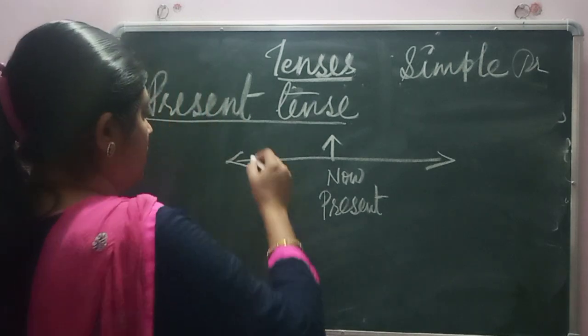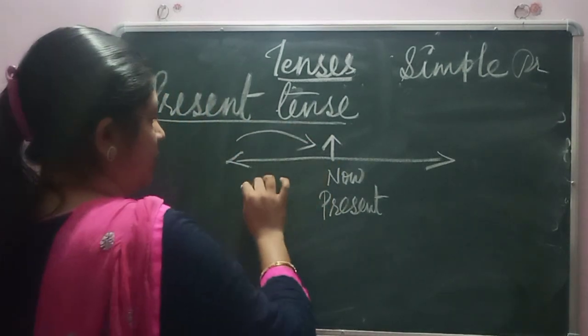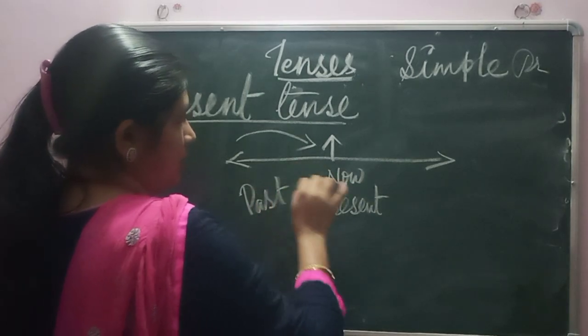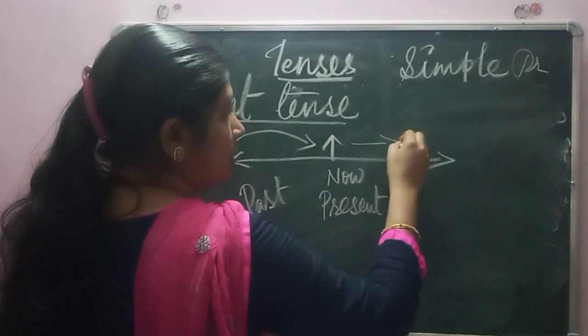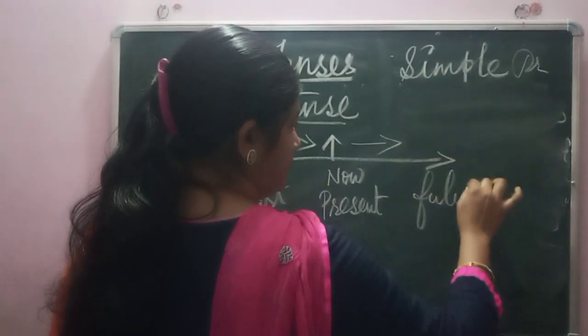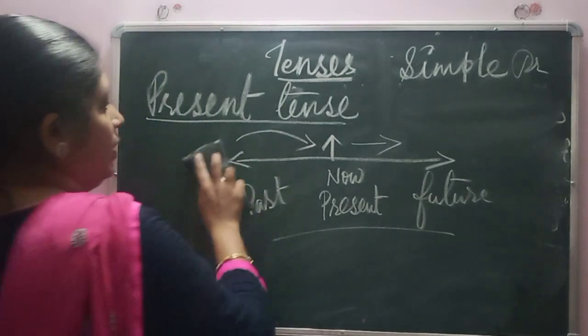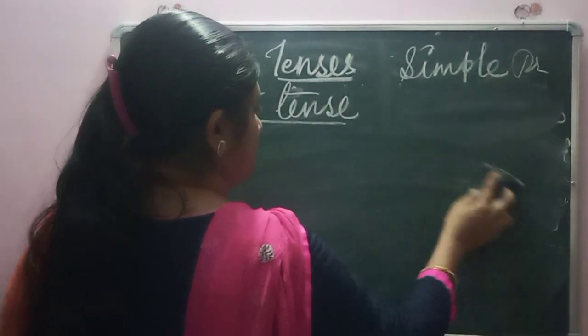This is something that already happened. Past tense. It's going to happen, that is future. Clear? Okay. Now, simple present tense.